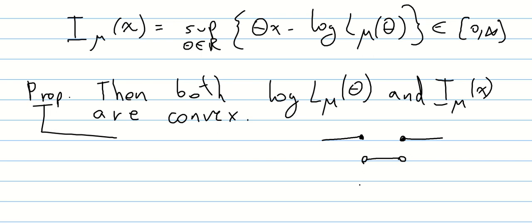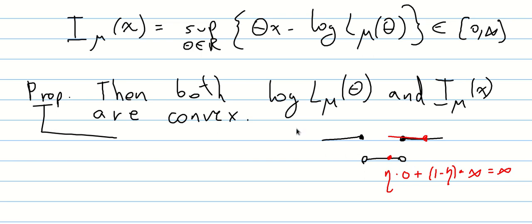This is a convex function, although it doesn't look like it, because when you do the convex combination between here and here, so you're taking eta times 0 plus 1 minus eta times infinity, this is infinity. So the convex combination is always infinity. So it's still a convex function.